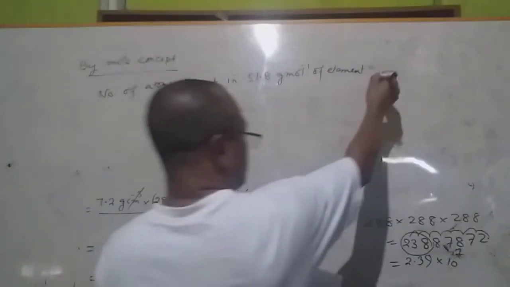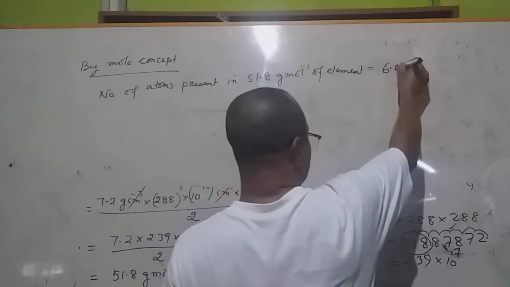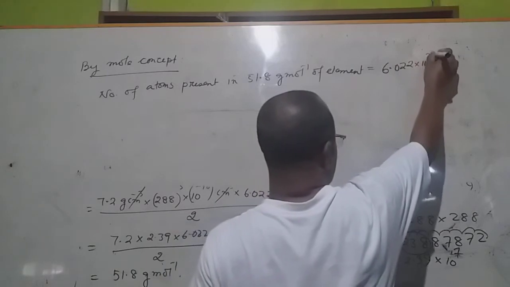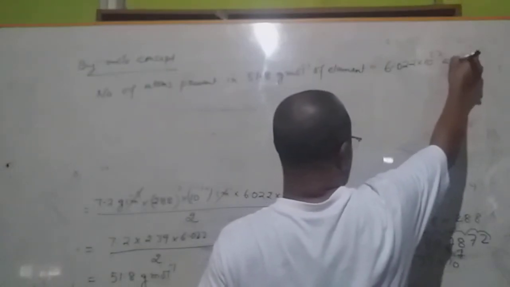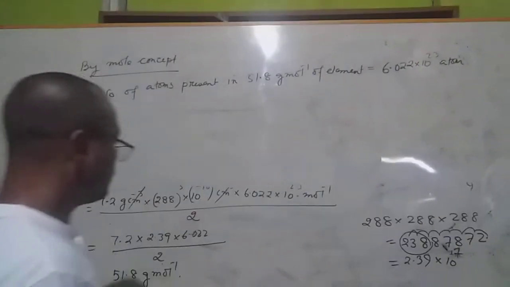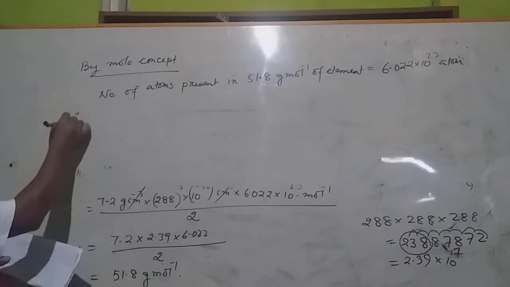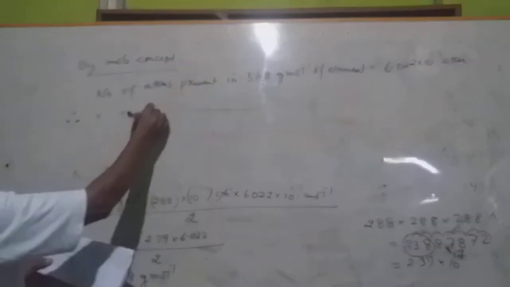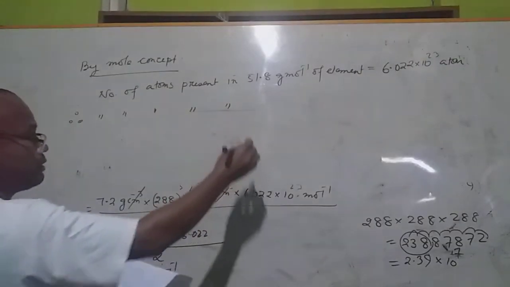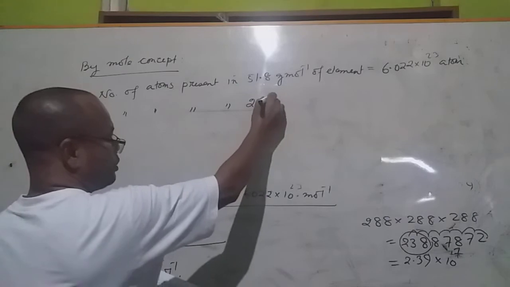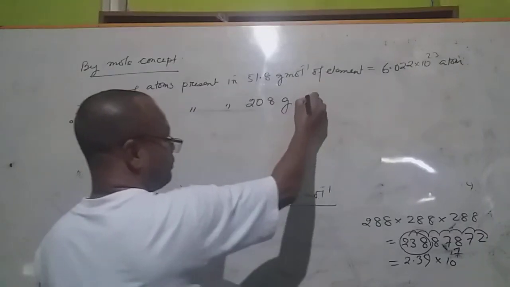That will be the same as Avogadro's number, 6.022 into 10 to the power 23. So that is the atoms. Now we are going to find out from the given gram, how much gram is given here. So we can do it like this: number of atoms present in 208 gram of the element.